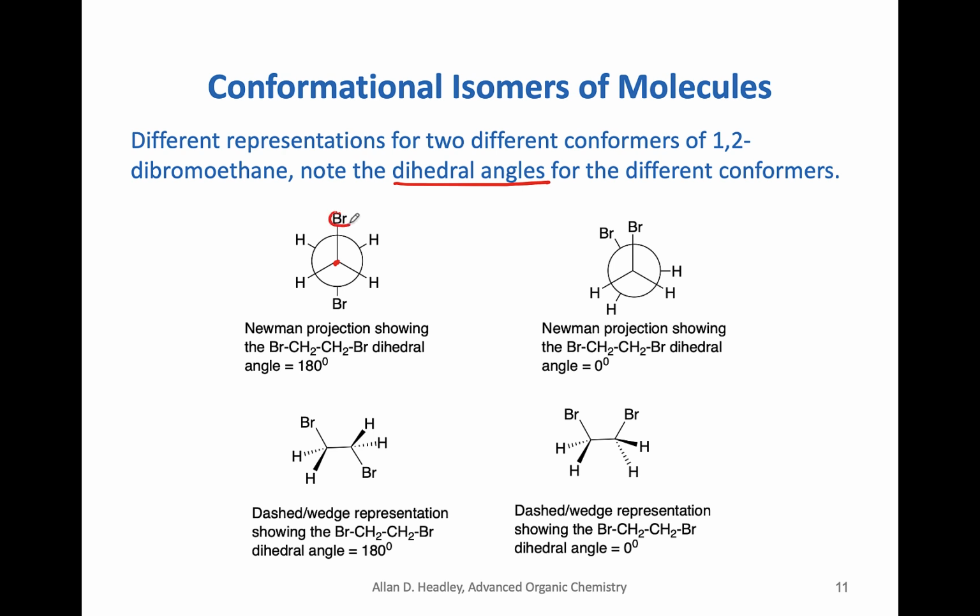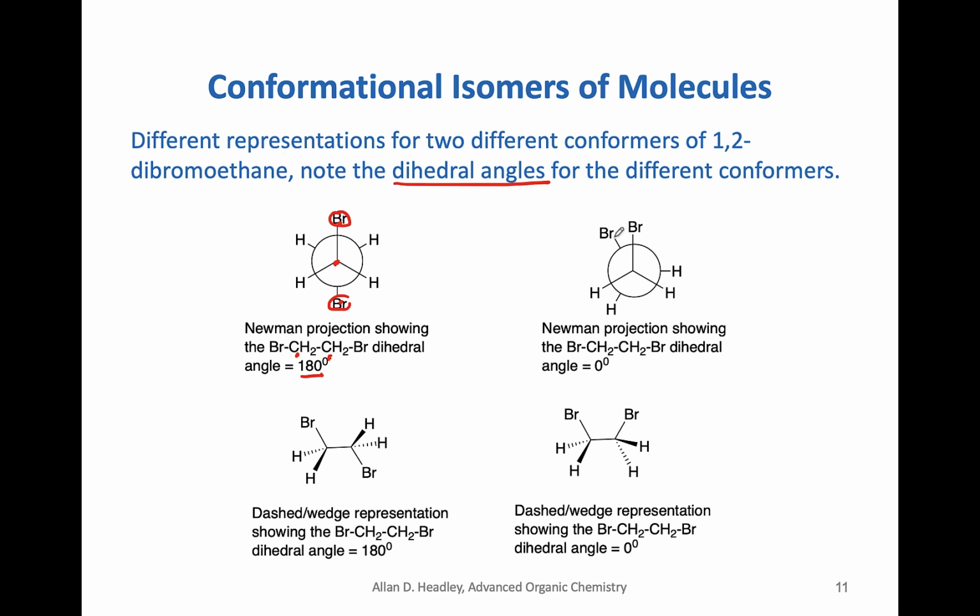There's a bromine on the front carbon and there's a bromine on the back carbon. So the dihedral angle between this bromine and that bromine, looking down the CH2, is 180 degrees. So that's another way that is described: the anti conformer has a dihedral angle of 180 degrees.